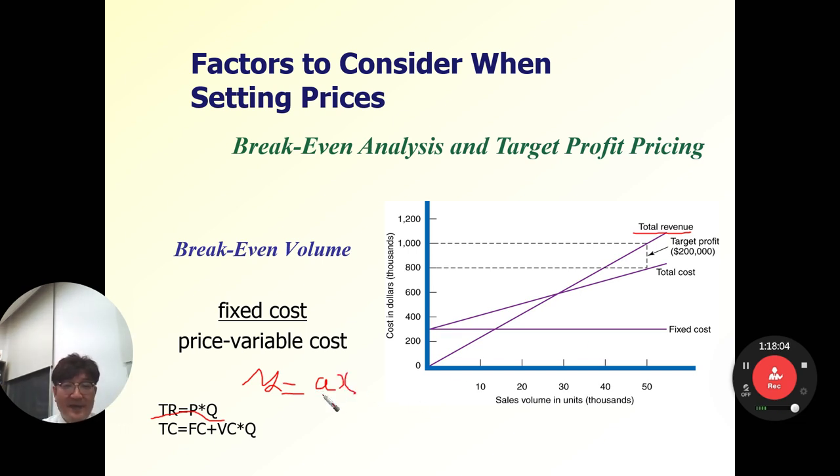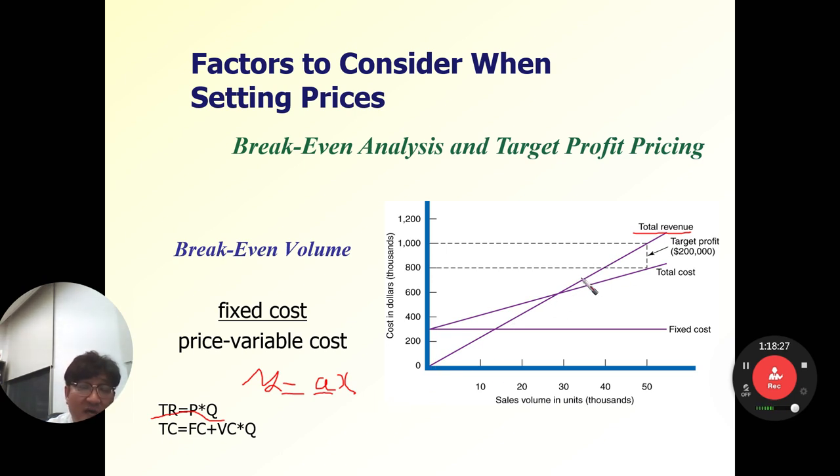Then how to get the value for A? What is A in this graph? Yes, A is the slope of this line. You learned this one in junior high, the middle school, 중학교. This is a first order equation.